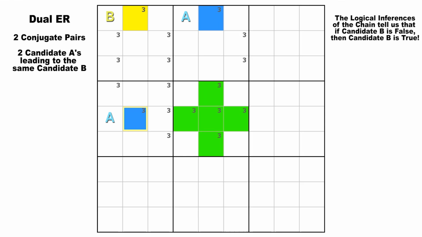Because if it's false, then the candidate 3 in row 1, column 5 is true. And then that would leave the locked candidates in block 5, which would mean the candidate 3 in row 5, column 2 was false, which would mean that the candidate 3 in the yellow cell in row 1, column 2 is true. I know this sounds crazy, but this is the nature of logic.